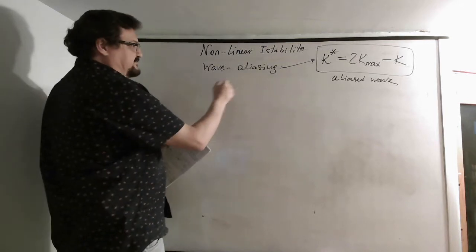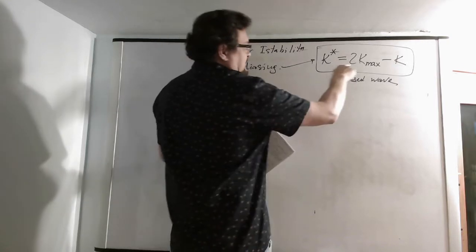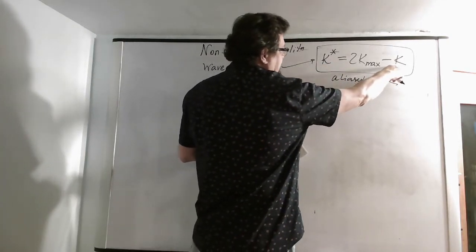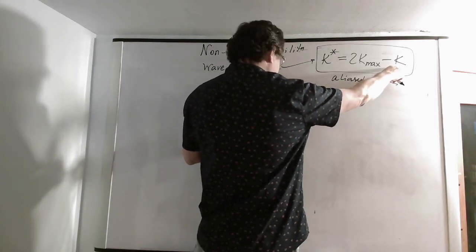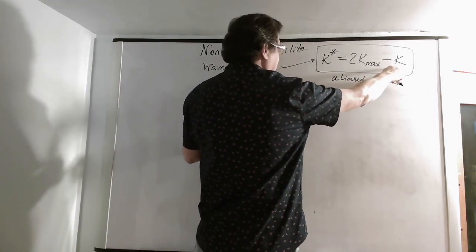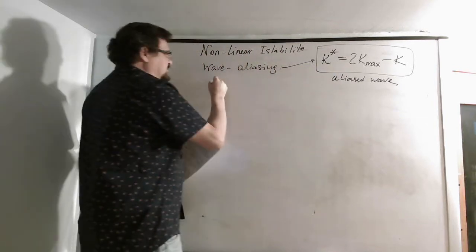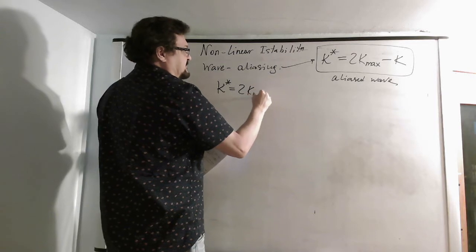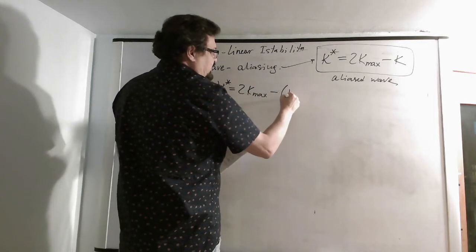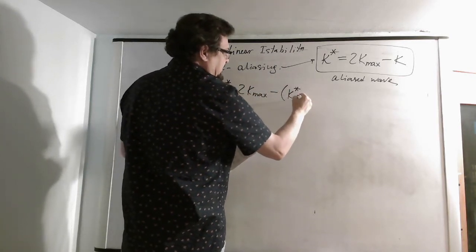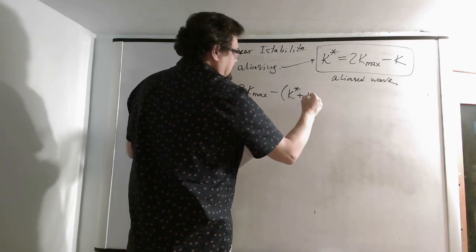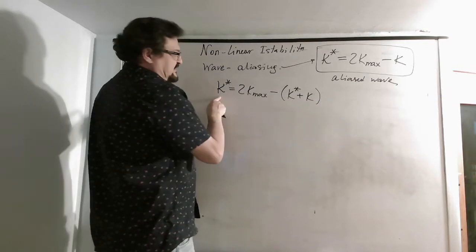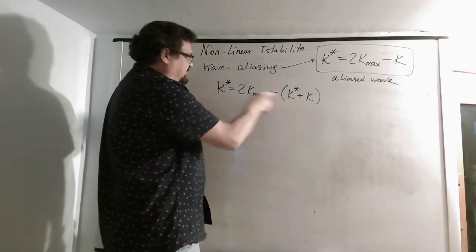We have this aliasing formula, and the waves that create themselves are waves where k interacts with some other k to create k star. So we're looking for the process k star equals 2k max minus (k star plus k). Some wave k, which is not k star, interacting with wave k star produces k star.